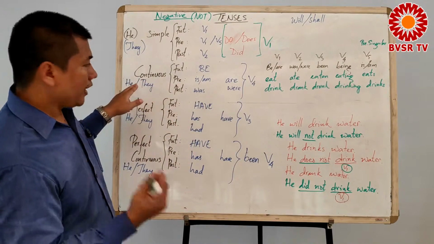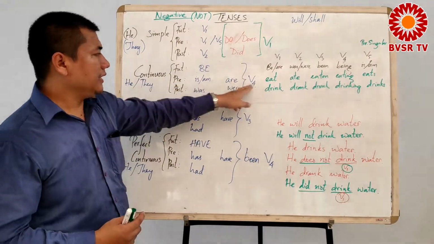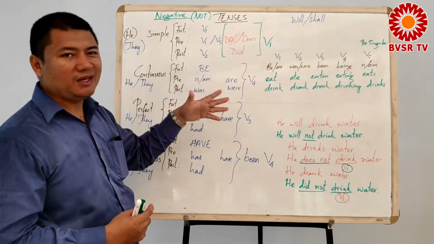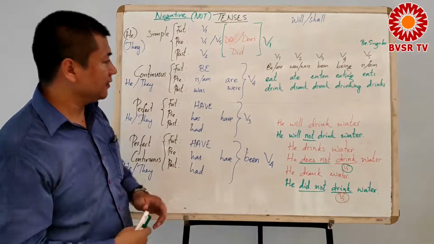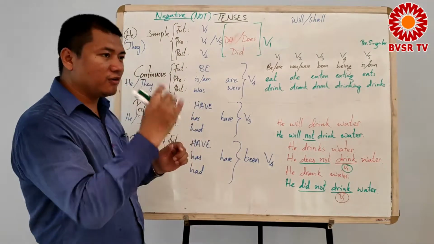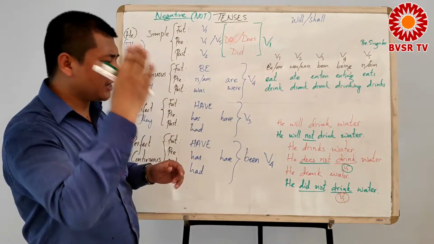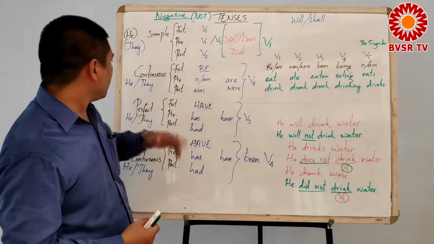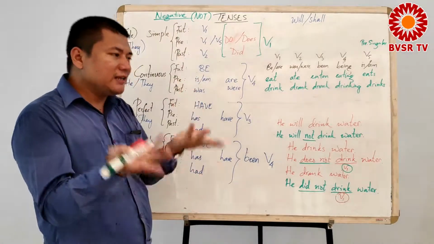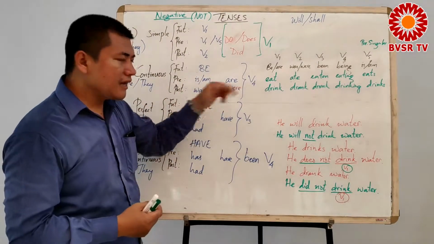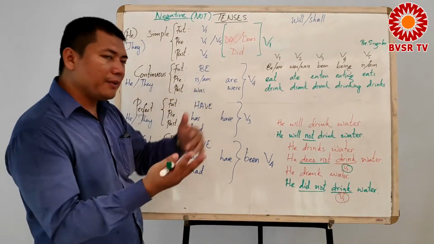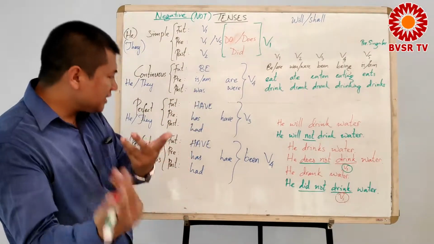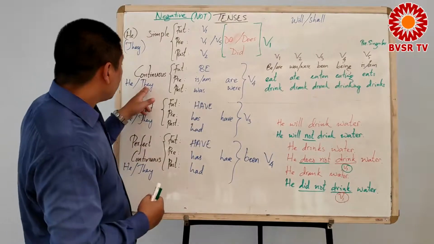Okay, let us try. He will be eating. He will not be eating. See, we just have to add not right after the first helping verb of every sentence. That's it. He is eating apple. He is not eating apple. He was eating apple. Negative will be he was not eating apple. Very simple. They, plural.